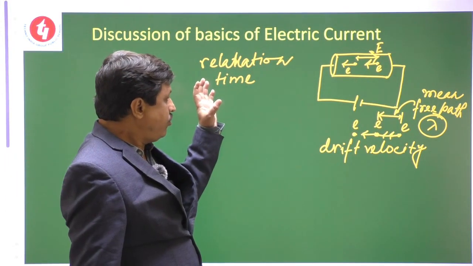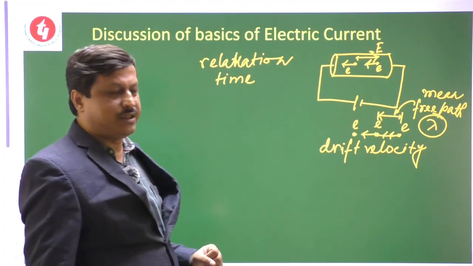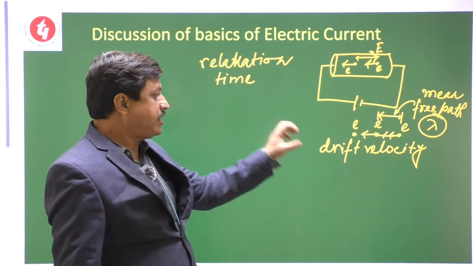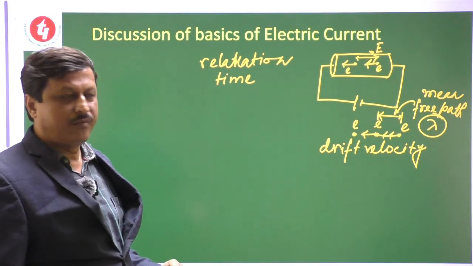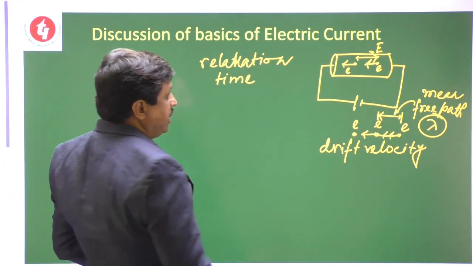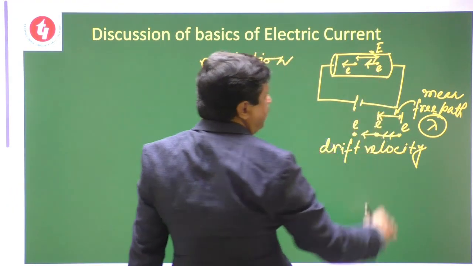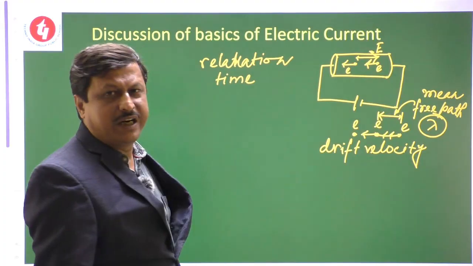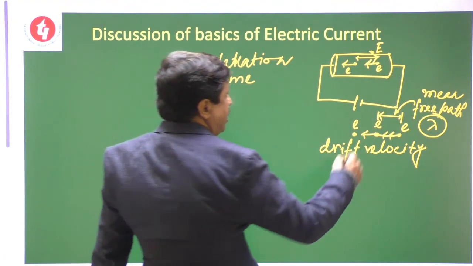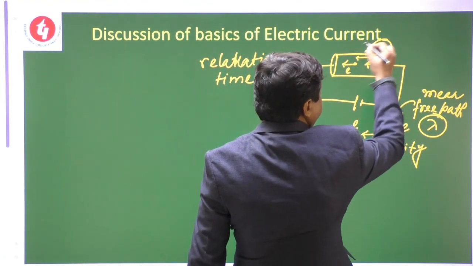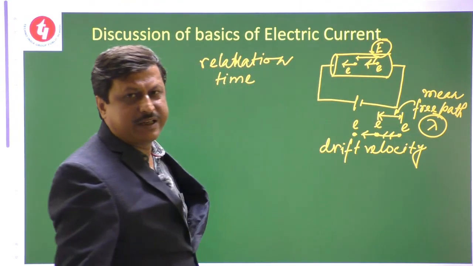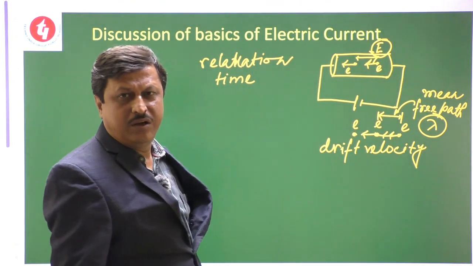Then what is the relation between this relaxation time and drift velocity? Say, in this wire, the electric field generated is E. E is the electric field produced in the wire.